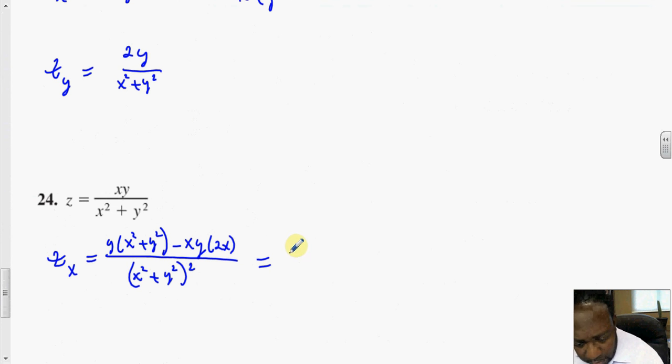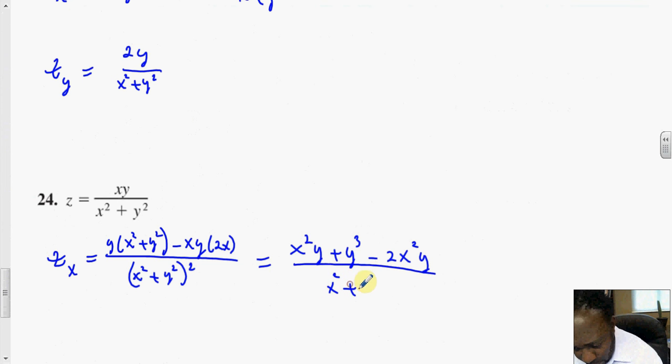We simplify this, we get x squared y plus y to the third minus 2x squared times y, and that's all over x squared plus y squared to the second.